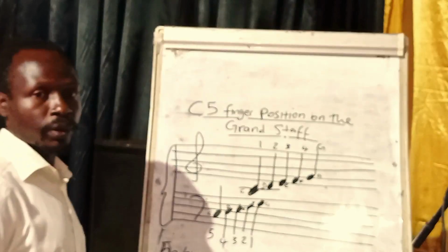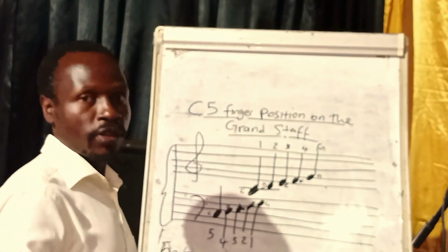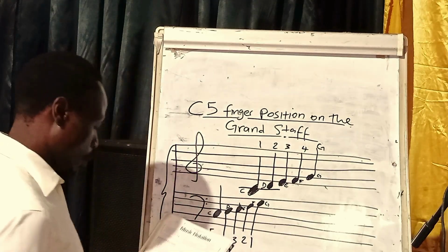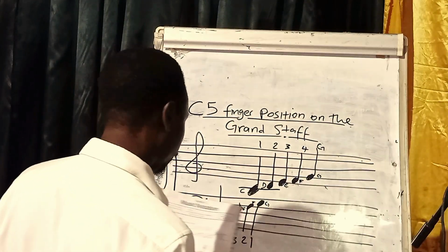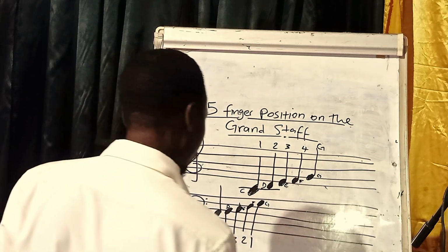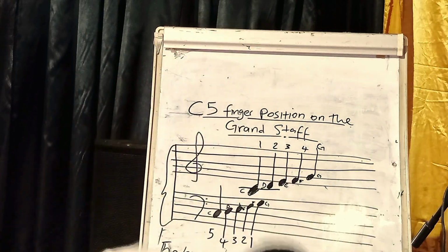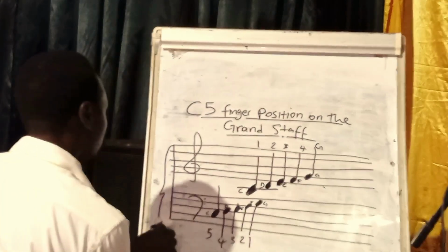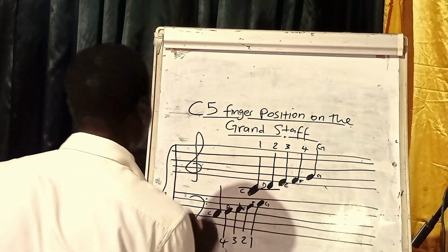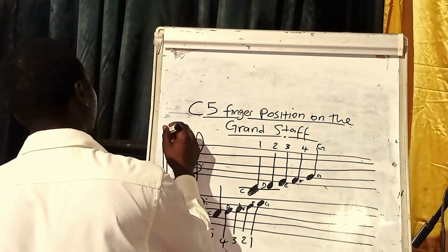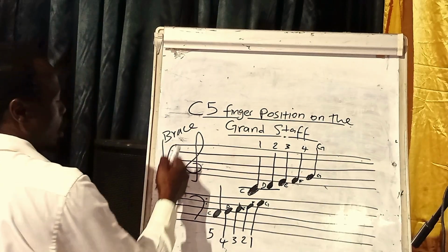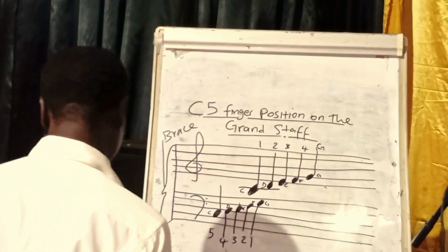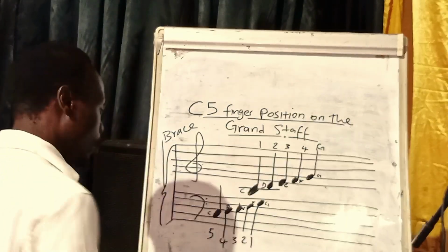So now, in case you don't have a piano, let me show you on the keyboard how these notes will appear. On the keyboard, let me go ahead and draw the notes.